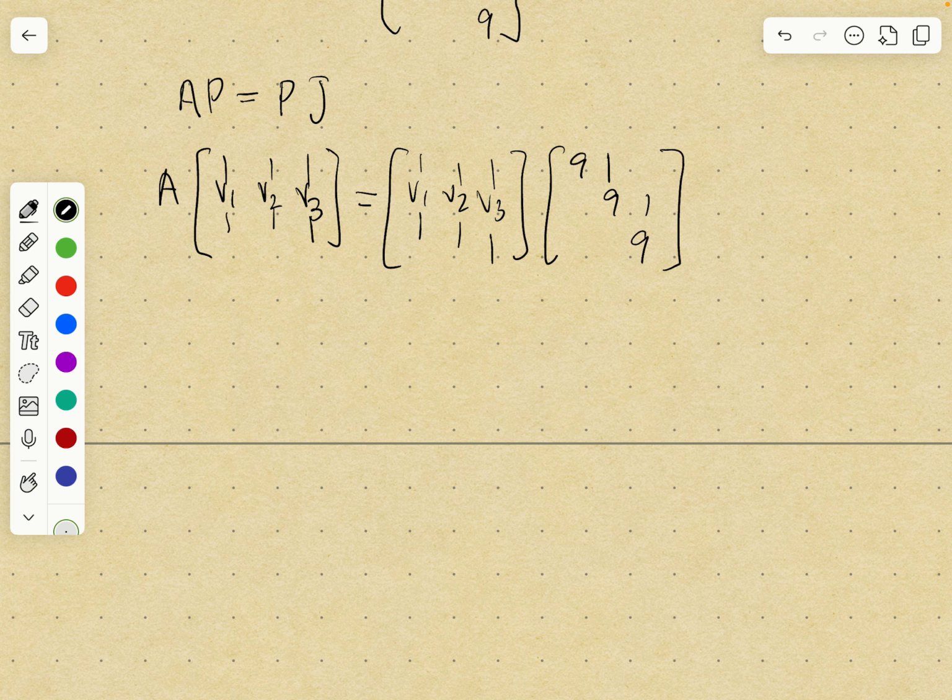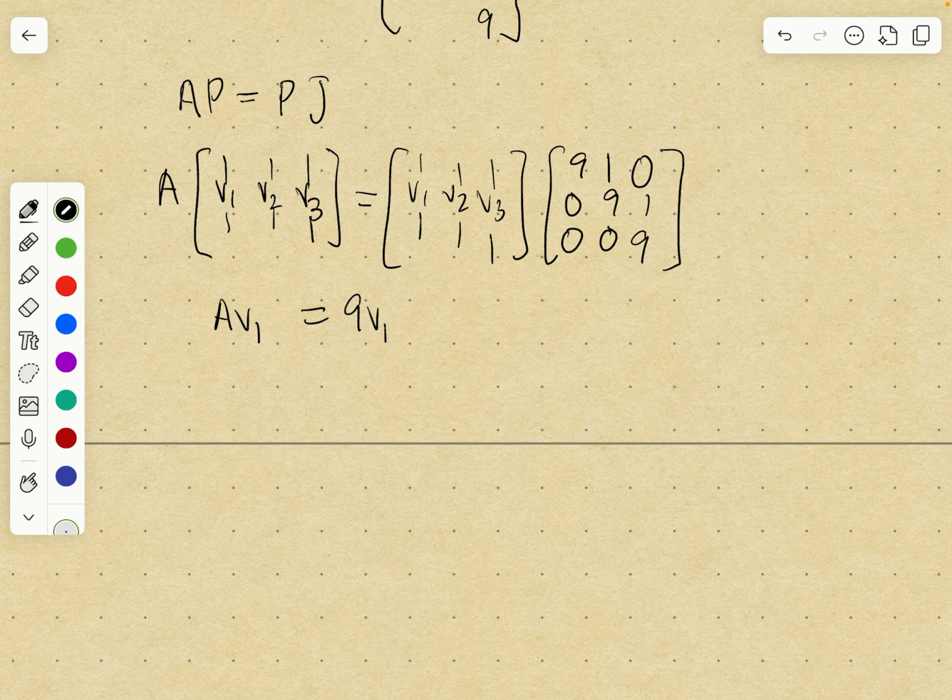If you look at the columns one at a time, the first column on the left is A times V1, and remember that to multiply 2 matrices together, you take linear combinations of the columns on the left. So this is going to be 9V1. Are we okay on where we get this? Because you have 0 and 0.